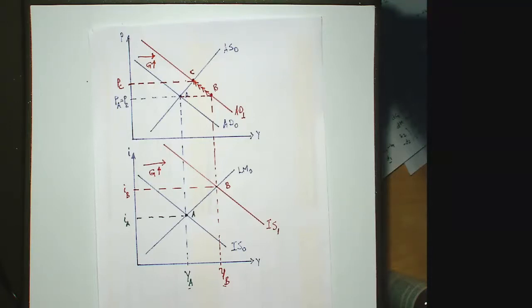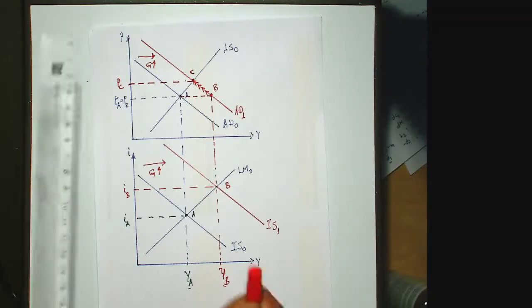However, at point B we have a higher interest rate. Because of this higher interest rate, our investment demand would decrease, so aggregate demand would decrease simultaneously to move to point C in our AS-AD diagram.